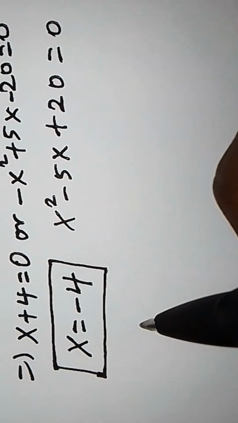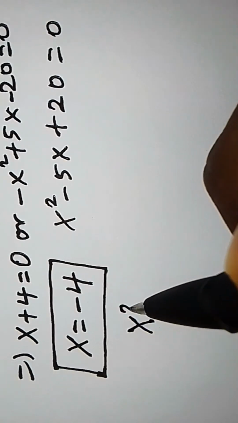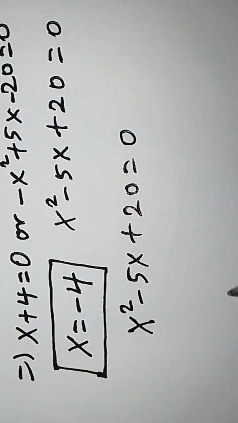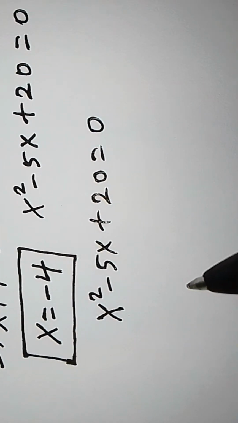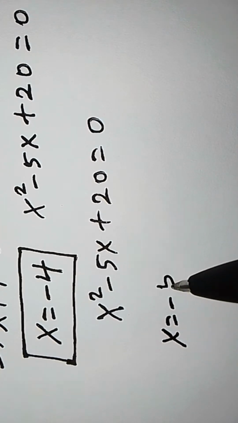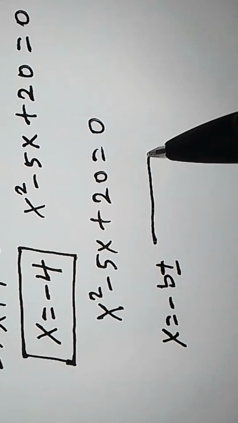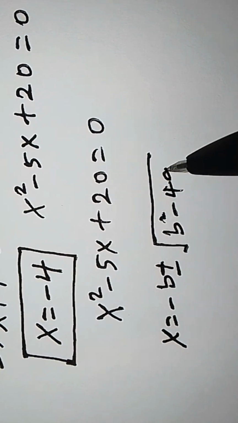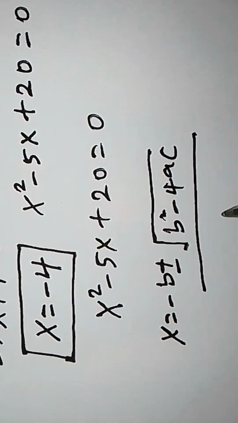So we have x squared minus 5x plus 20 equals 0. What does the quadratic formula say? The quadratic formula says x is equal to minus b plus or minus square root of b squared minus 4ac, divided by 2a.